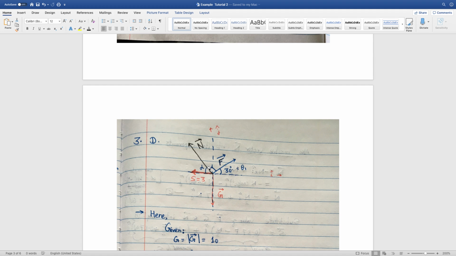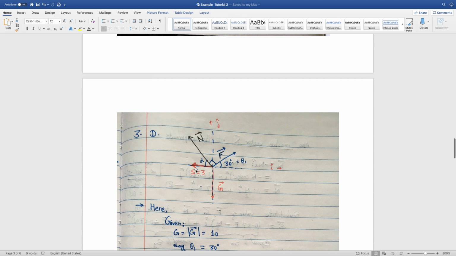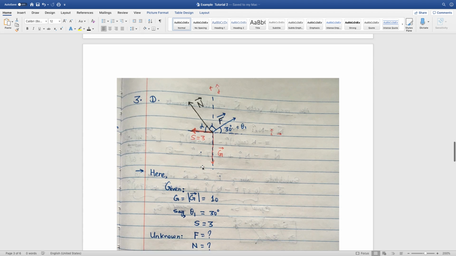We are not really given this angle, but we are given this as 90 degrees here, and this as 30, so we can find this angle that I labeled as alpha. So alpha must be equal to a total of 180 minus this 90 degrees minus this 30 degrees, okay, which is what? 60 degrees, right? So let's go back.